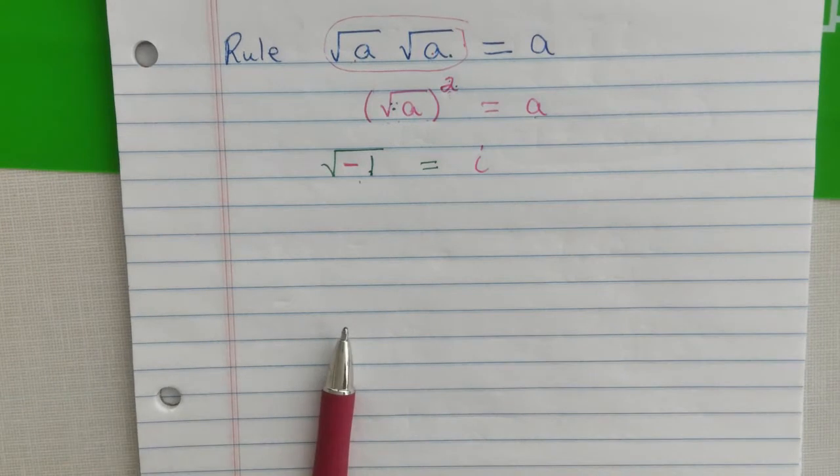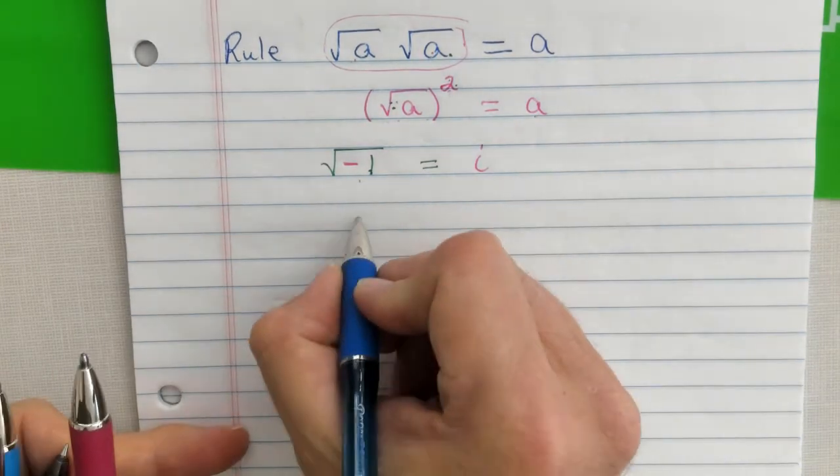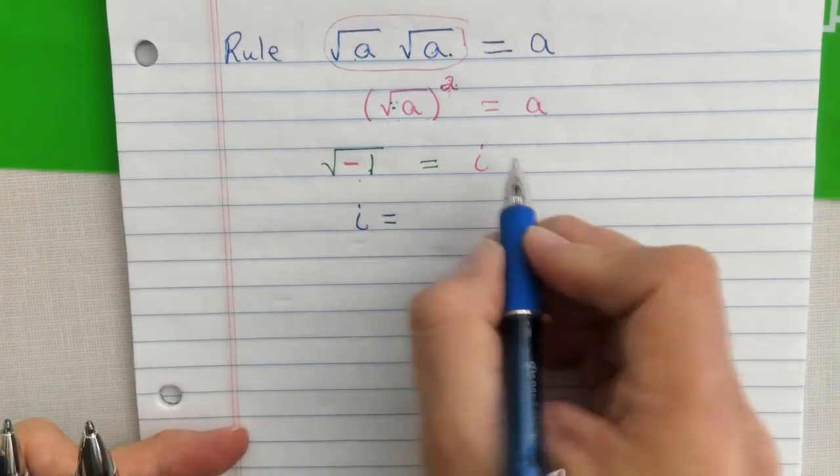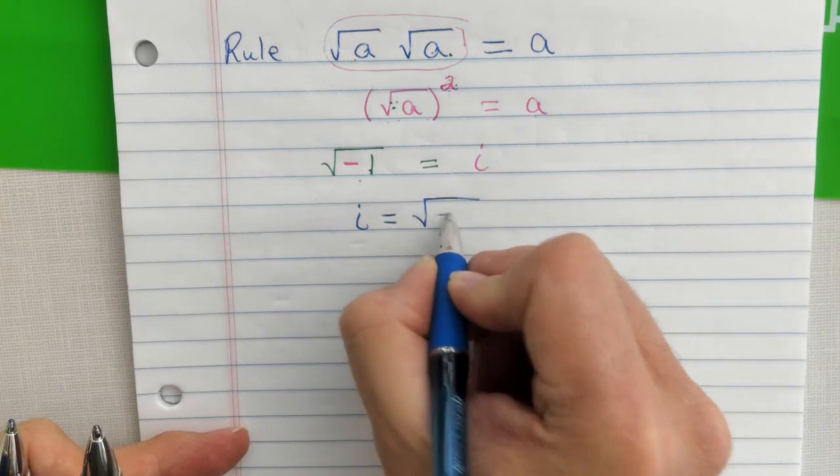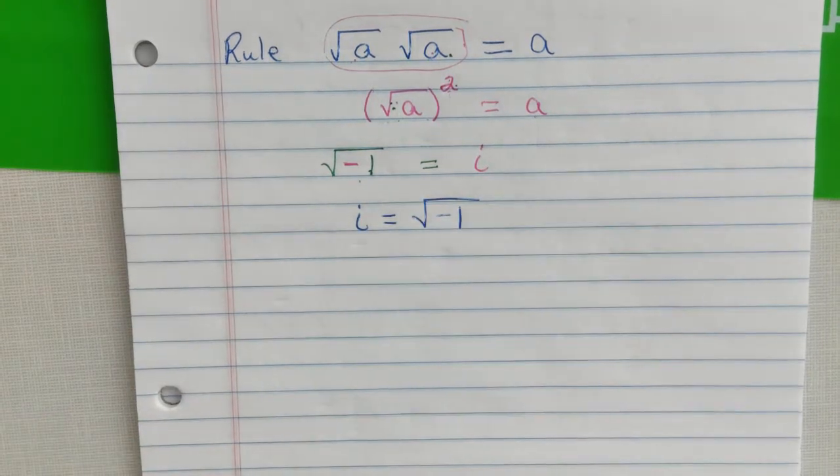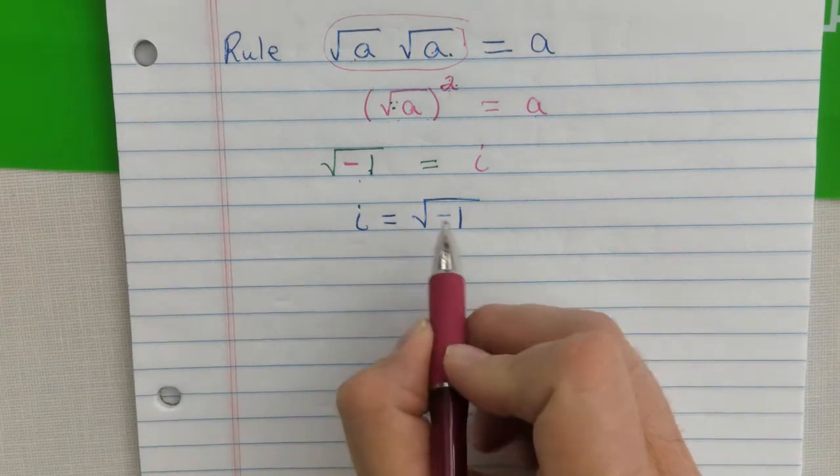Now, I'm going to take that statement and reverse it. Write it like this: i equals square root of negative 1. And then I'm going to put a square on each side.